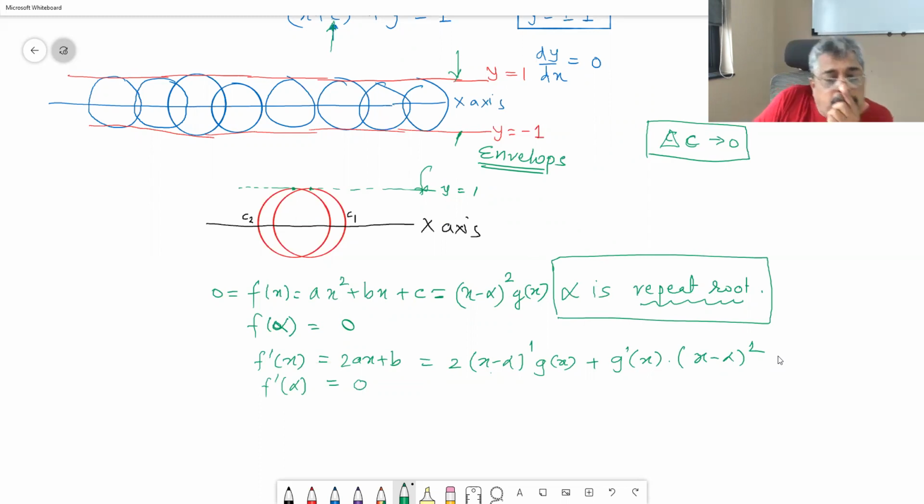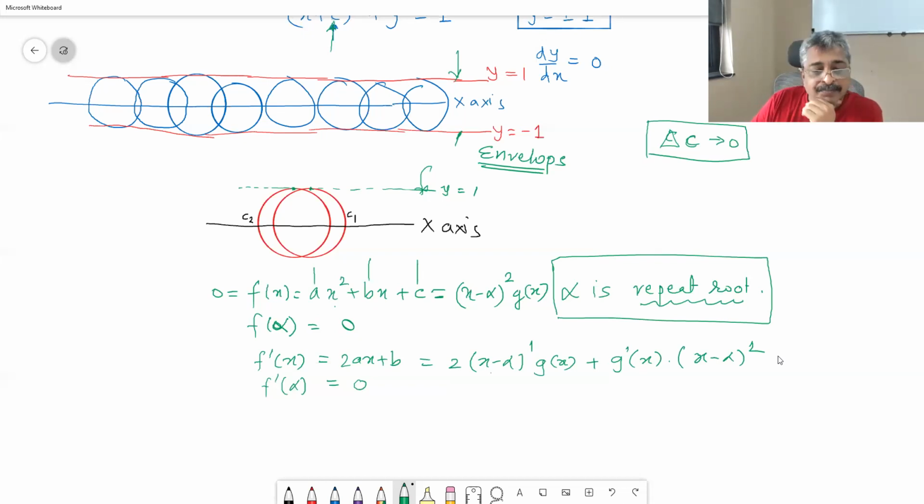Now, alpha is a value of x, and we want the relationship of a, b, and c to get a repeat root. So what we do now is solve f dash of x and f of x simultaneously to eliminate x.